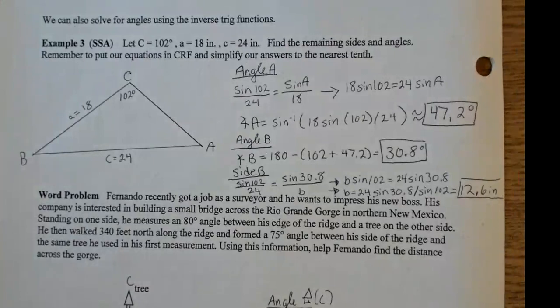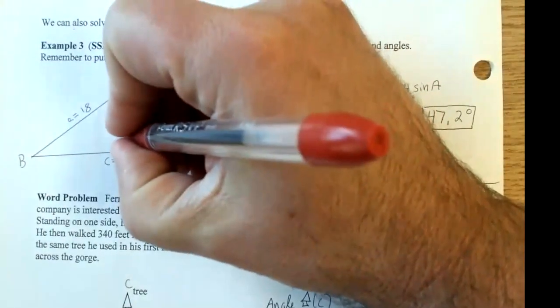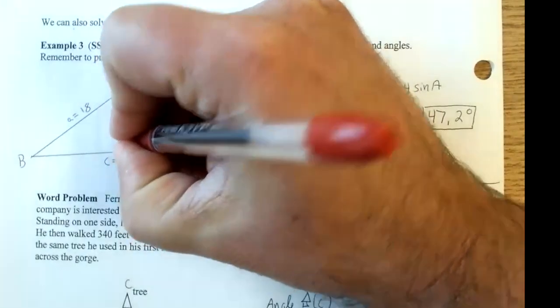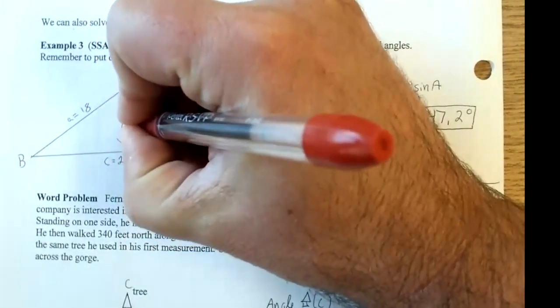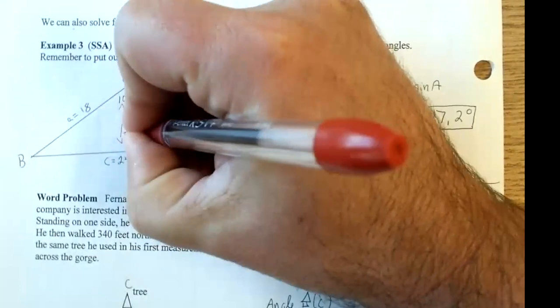But you do have opposite information, but the tricky thing here is that you don't have that extra angle to work with. But so I said that wrong. You do have opposite information. That's these, side C and angle C. But what we don't have is that extra angle.